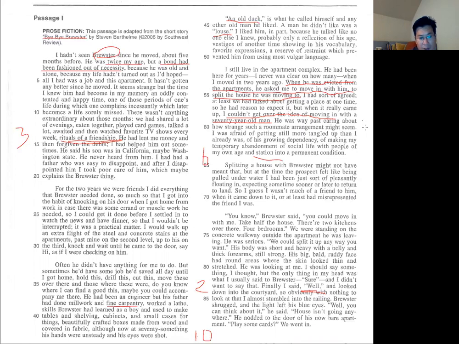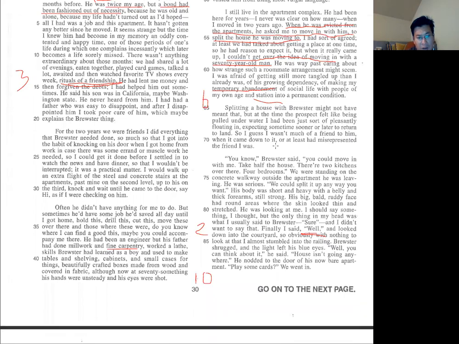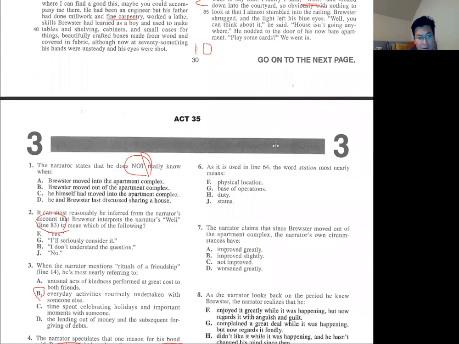So in this case, I think that question number 6 is asking about "station into." You can just think of it as, oh, instead of station, blank. Then one of the hints you can find is "temporary abandonment." So he temporarily abandoned his social life with people his age, and then it says station into permanent condition. So station into is like settle into.